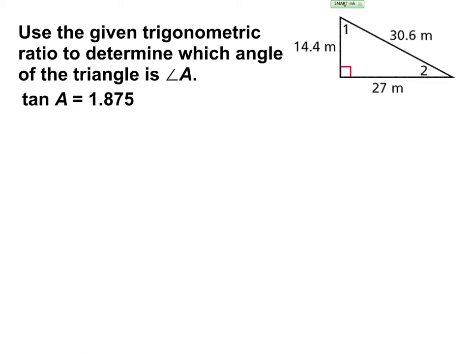Okay. How about if the tangent is 1.875? Now this time I did not give you the fraction, so I'm forcing you to try it in decimals. Which one has a tangent of A to tell us what angle it is?